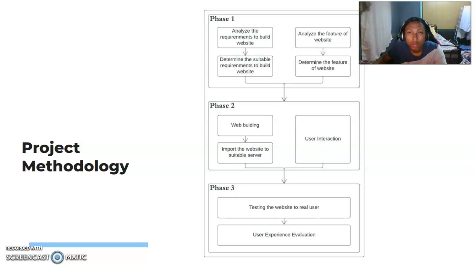The analysis of the requirement will determine the suitable requirement to build a website. At the same time, all the features that will be analyzed will be determined by the features of the website.